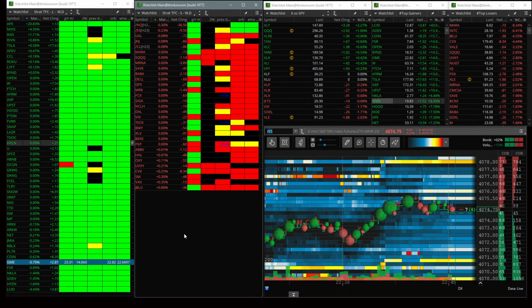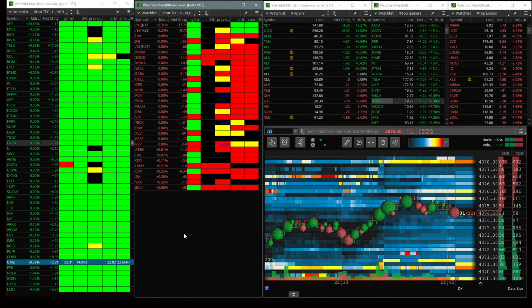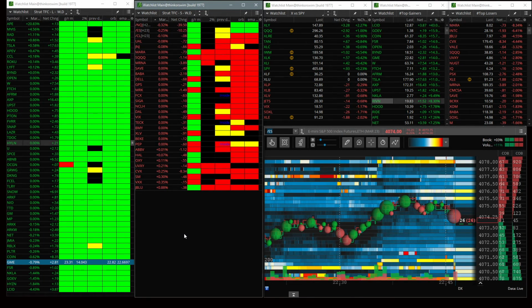The ORB is not part of the strat, nor is the 2%, but they're all combined together. It does give some useful indications of the move of the day for that particular stock. So I always say wait about 15 minutes before you start looking at these scans, or really before you start putting any trades together based off of them.